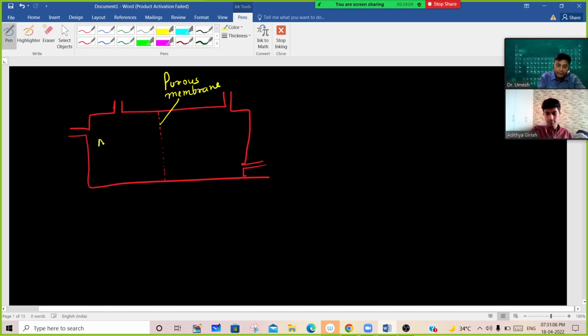Here I have sodium chloride solution. Here also I have sodium chloride solution. And now here I have the current connected with the positive terminal, connected with the negative terminal.